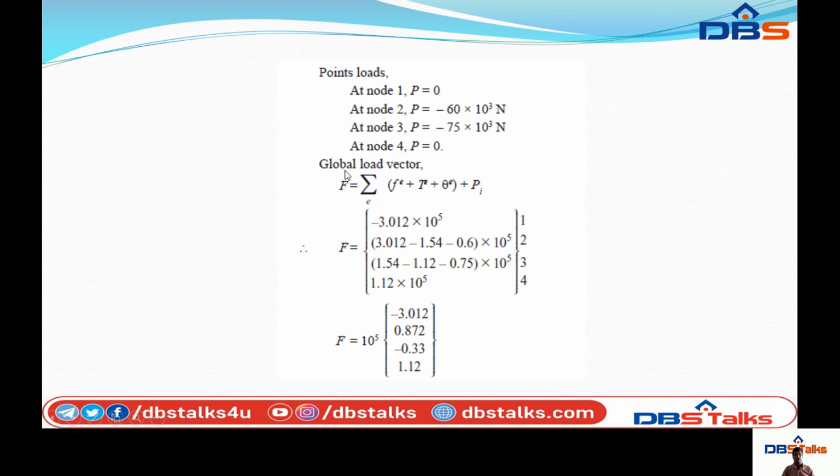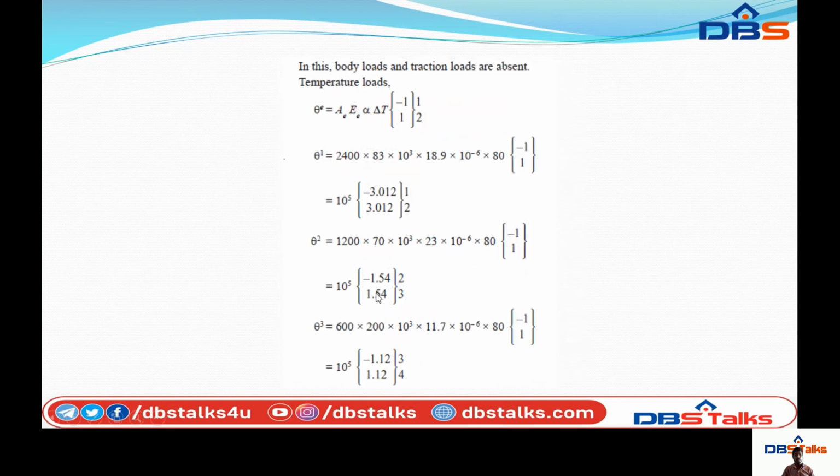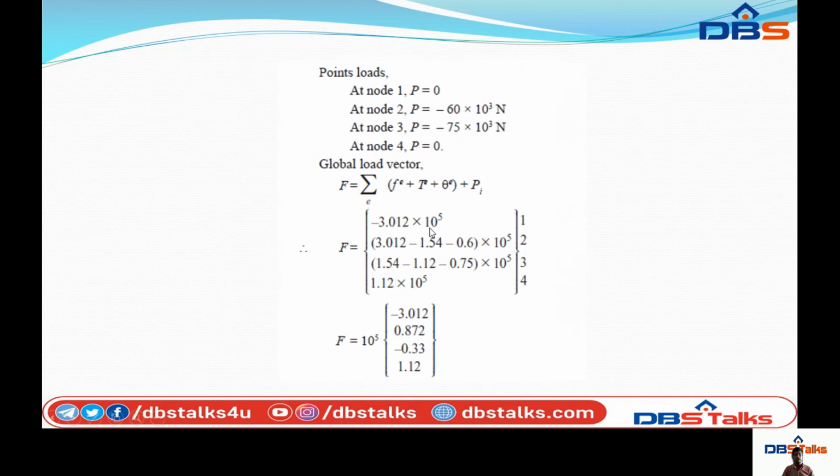After that, calculation of the global load vector. We already know that the global load vector is obtained by summing all forces, like traction, body forces, and temperature loads, with point loads. Then I know the values of temperature loads at node 1, node 2, node 3 and node 4. First of all, at node 1, minus 3.012 into 10 to the power of 5.